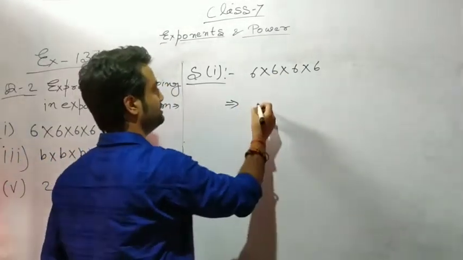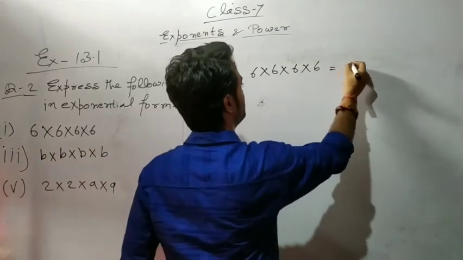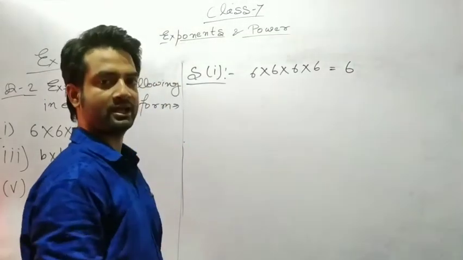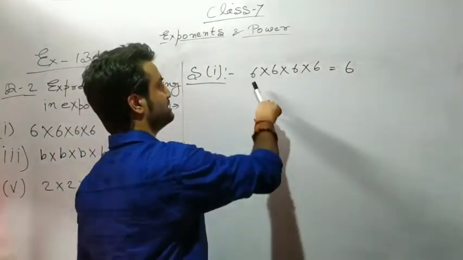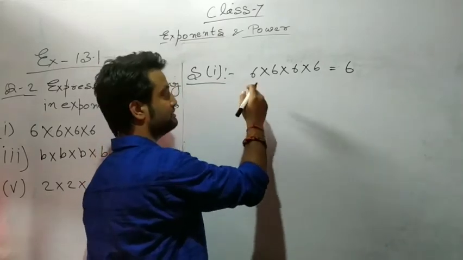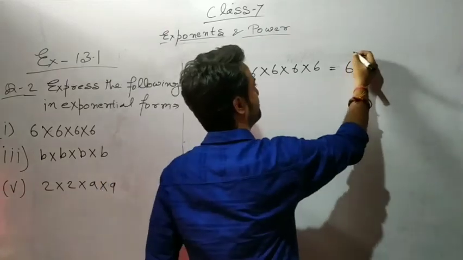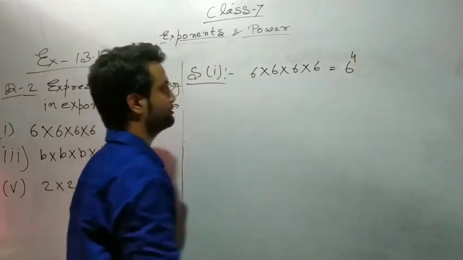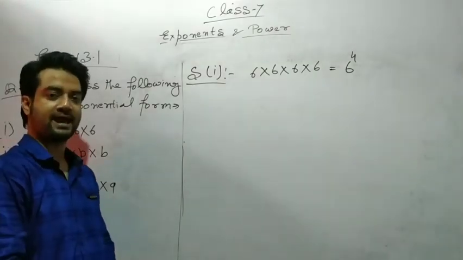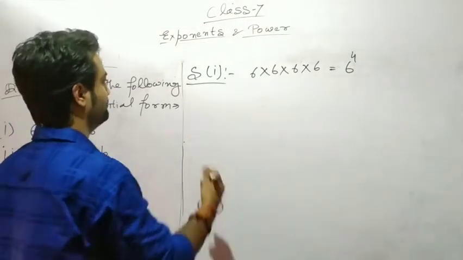So 6 will be the base. And what will be the power? Exactly. The number of times it is multiplied with itself. We can see 6 is multiplied with itself 1, 2, 3, 4, 4 times. So our power will be 4. So 6 into 6 into 6 into 6 in exponential form is 6 raised to the power 4.